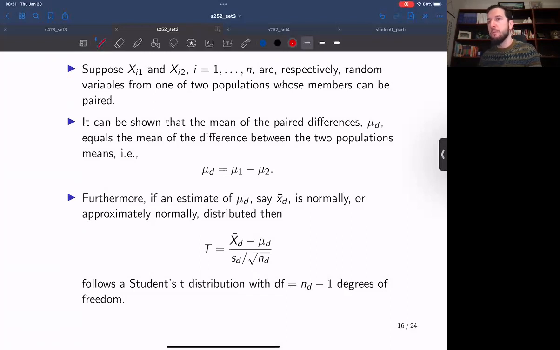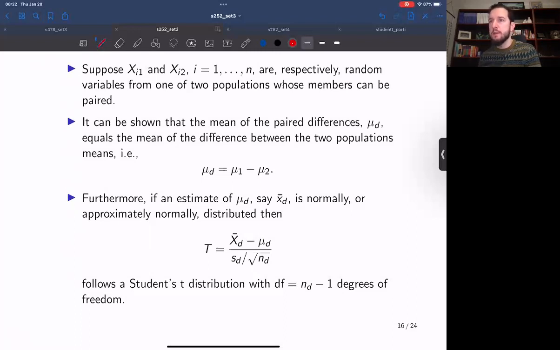So the difference between the means is the same. So you would have, for example, mu d, which is the mean difference, is the difference between mu1 and mu2. So it's just the difference between the population in the morning and the population in the evening under the weight illustration. To estimate mu d, we use x bar little d.